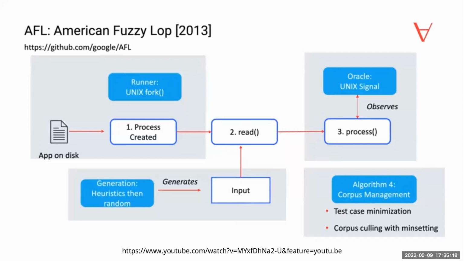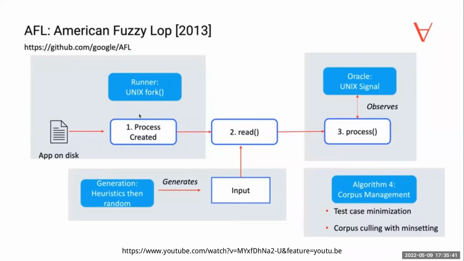Let's take AFL as an example. AFL is one of the most popular tools. A lot of people have been porting AFL to different architectures to fuzz different things. In AFL, we just use the fork system call to speed things up.